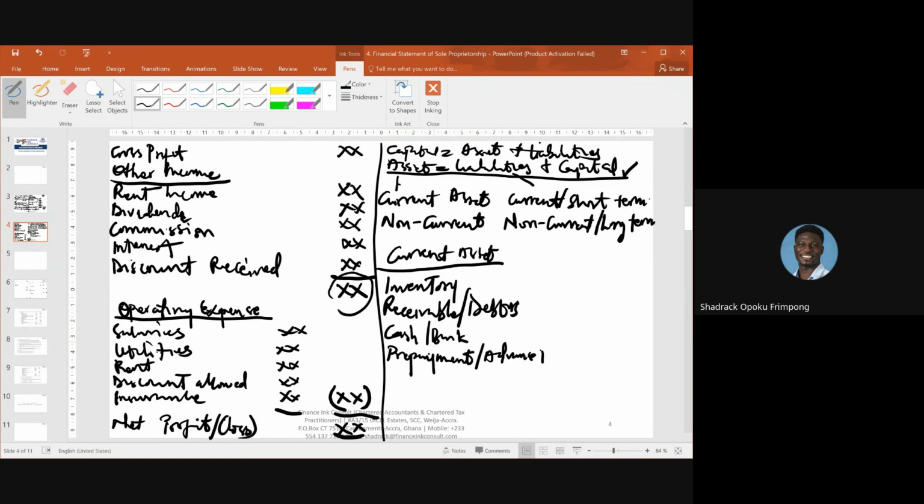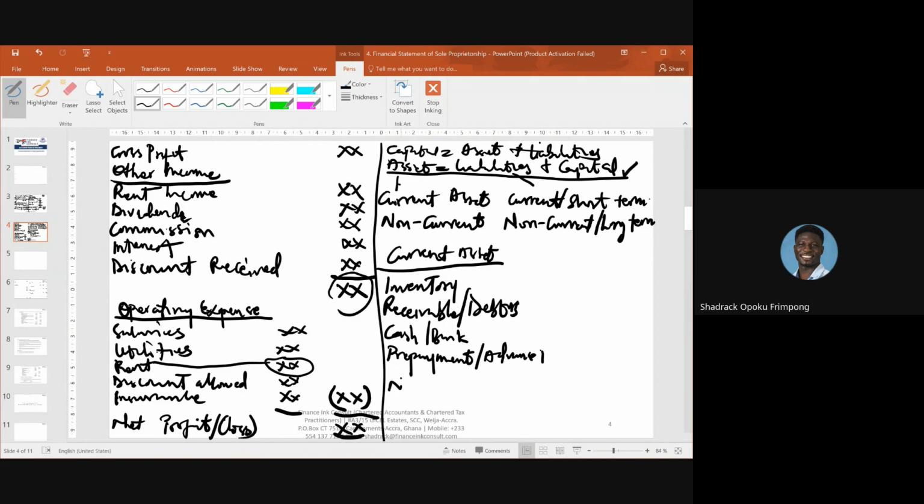So it forms part of your asset. If you've paid your rent for 2 years, the first year is what you have utilized, right? So the first year will be recognized as an expense in our profit or loss statement. And the next year, that's 2026, by the end of 2026, you would have consumed the benefit. So it will form part of your current.